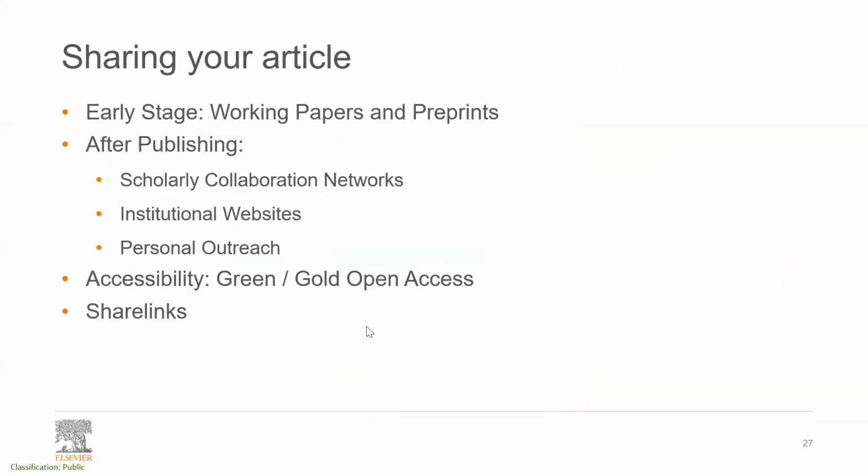So in general, your article goes through different stages. The early stage of research is what's called a working paper. That is still a paper that you are working on improving. This is not the version that you will submit to a journal.